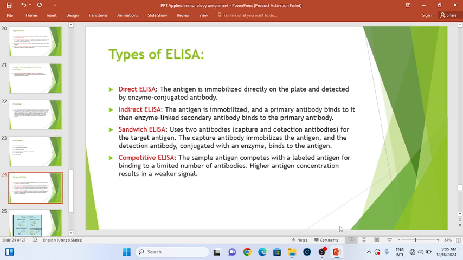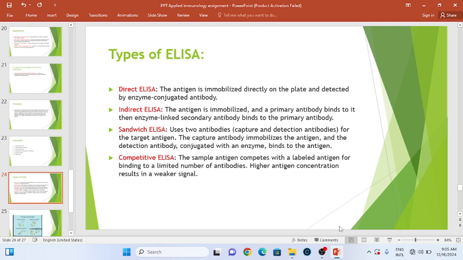Here in competitive ELISA, we also use two antibodies, a primary antibody and a conjugated antibody, where antibody and antigen are incubated beforehand to make a complex, and the well is coated with antigen too. That antigen and antibody complex will come to bind on the coated antigen.